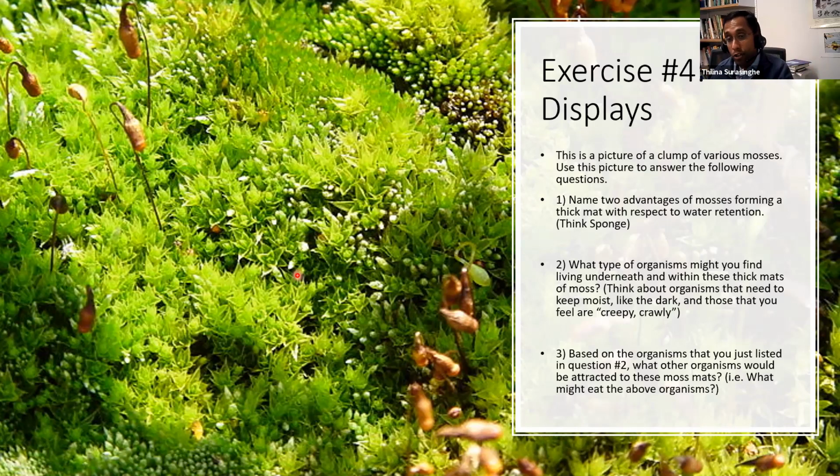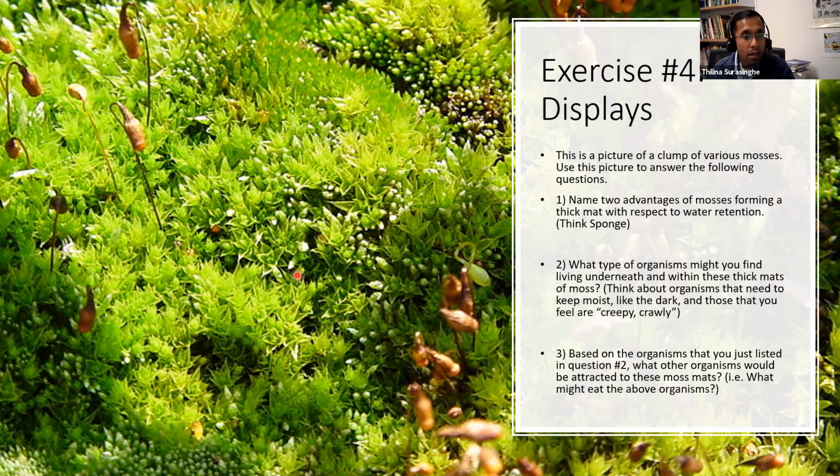Some of them, particularly lungless salamanders, can actually occur underneath the mosses. And there's a particular species that I study that only breeds, lays eggs, underneath the mat of mosses, right? So there are really cool things you can talk about there.